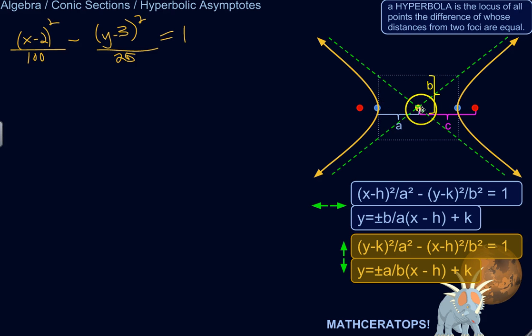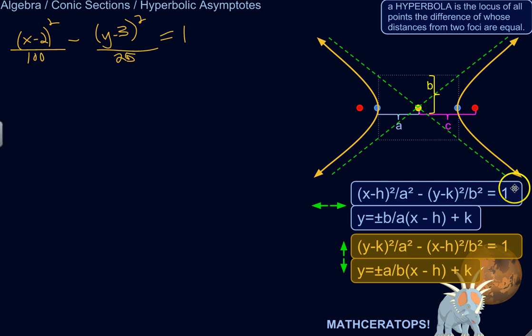A represents the distance from the center to the vertex. B is the height of what's called the fundamental box, and it's related to a and c, where c is the distance from the center to the focus.